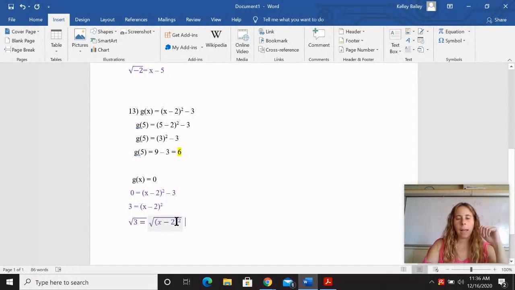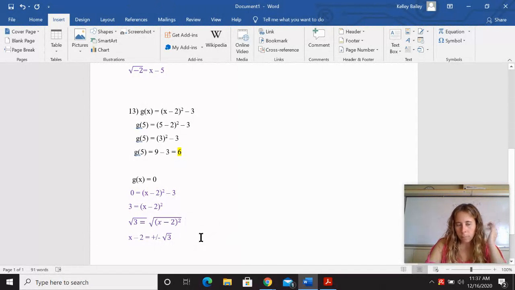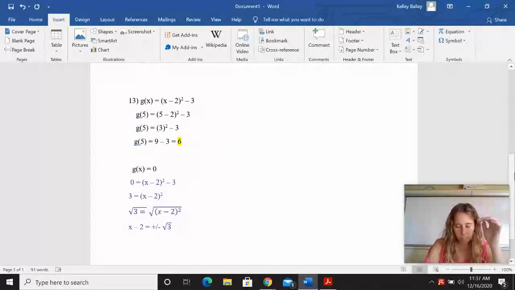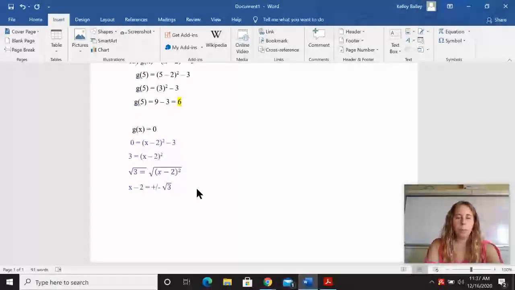So remember, on this side, they're just going to cancel each other out. So you're just left with x minus 2 is equal to positive or negative square root of 3. So you're not quite done. You're going to add 2 to both sides.